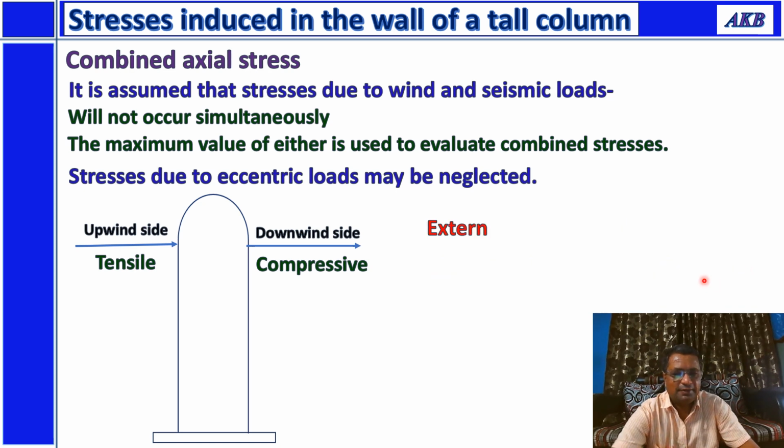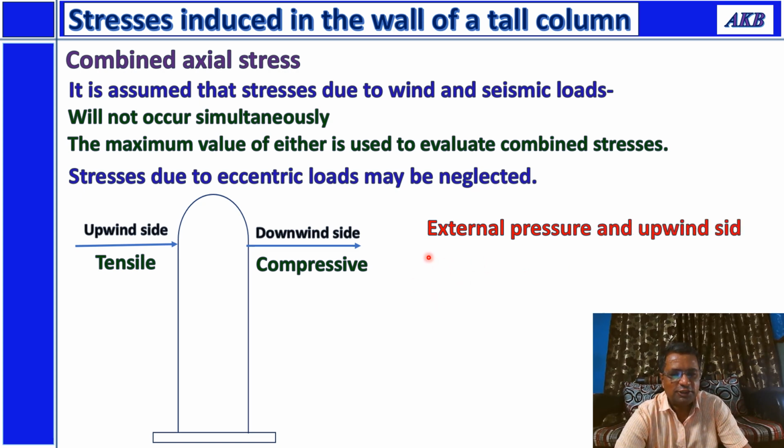Okay, then for this particular combination, external pressure and upwind side, how to get the maximum tensile stress? It will be given as Ft max is equal to Fwb or Fsb, maximum out of these two, minus Fa minus Fdl.